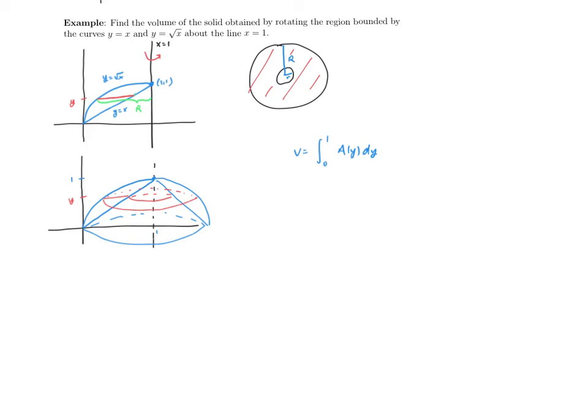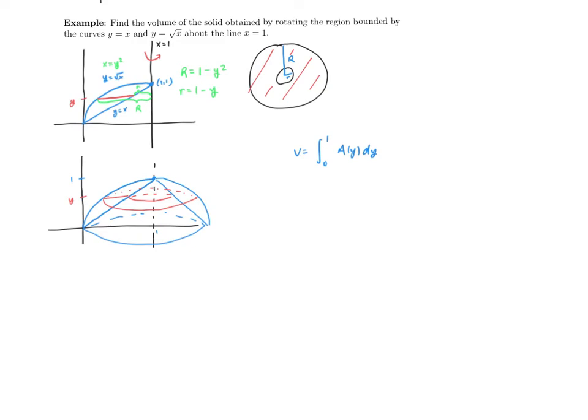The small radius is going to be the distance the closer curve is away from the line we're rotating about, x equals 1. And note, we want to have little r and big R both in terms of y. So in this case, we can just note to the side, big R is 1 minus, and if y is the square root of x, x is y squared. Little r is 1 minus y.